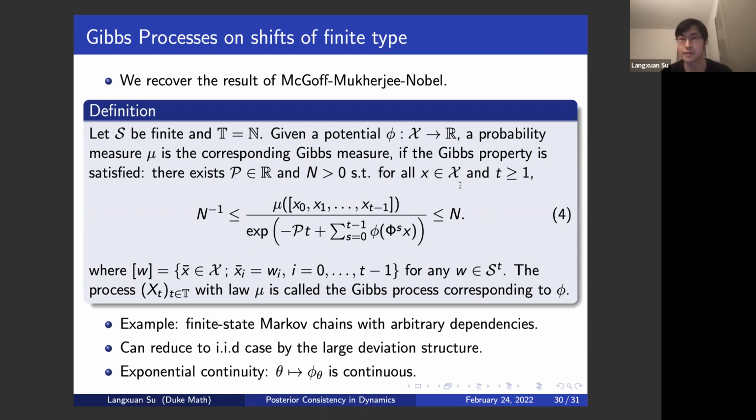Yes. Can you explain what you mean by exponential tilting? Oh, yeah. So in large deviations, basically when you have a measure, for example an IID measure, then you know it has good large deviation behavior.